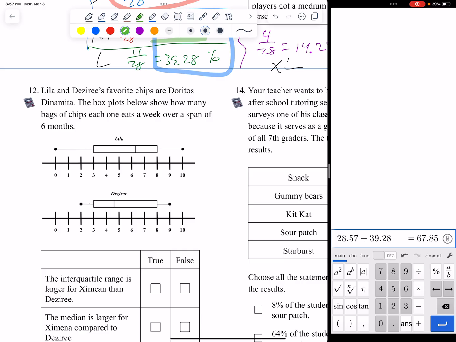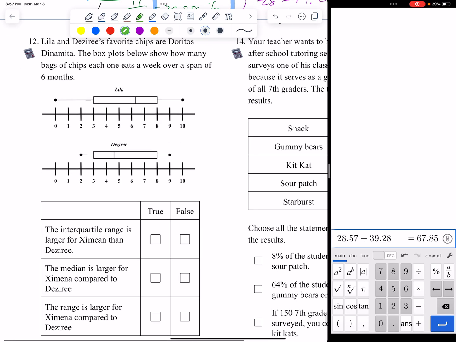The box plots below show how many bags of chips each one eats a week over a span of 6 months. Okay, so per week for 6 months. All right, so there they are. We have to compare. So what do I care about? Interquartile range, median, and range.